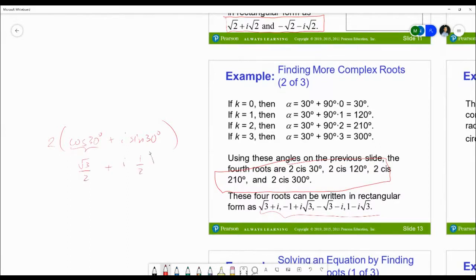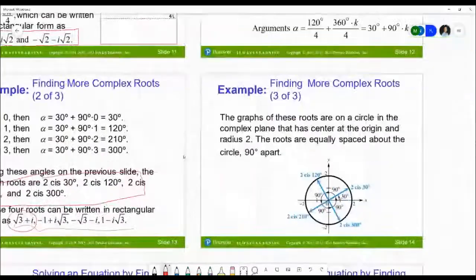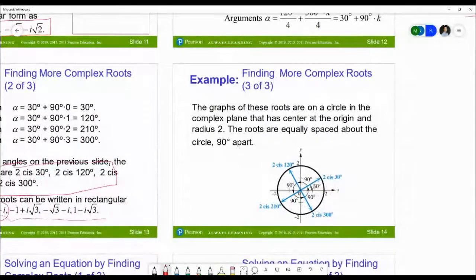Sine 30 is 1/2, distribute the 2. So square root of 3 plus i, that's your first one right here. And you can do the same thing for the other ones. So it's very important that you memorize all of the special angles to get this quicker. You can see here the graph of what it looks like, which I drew earlier.